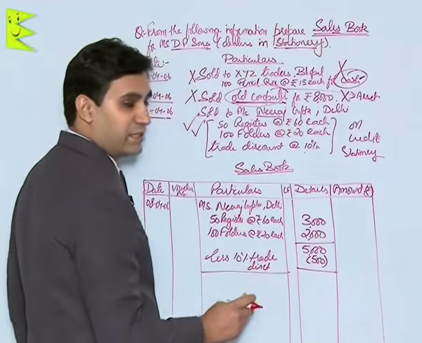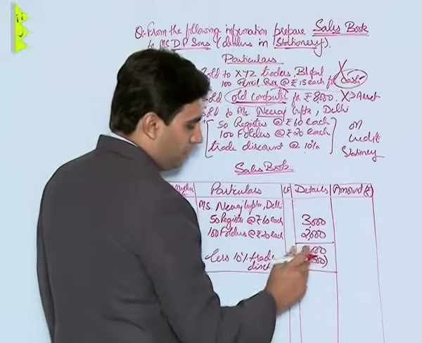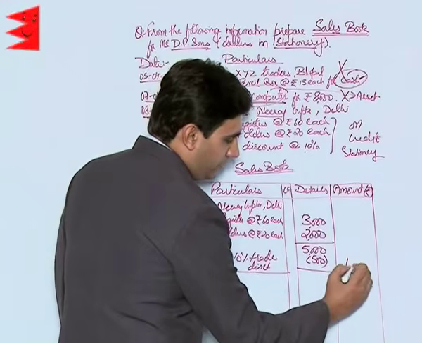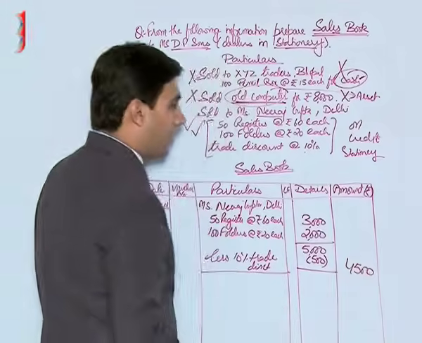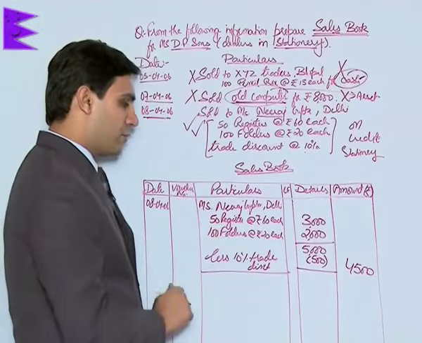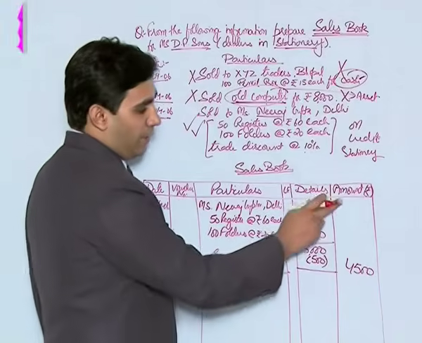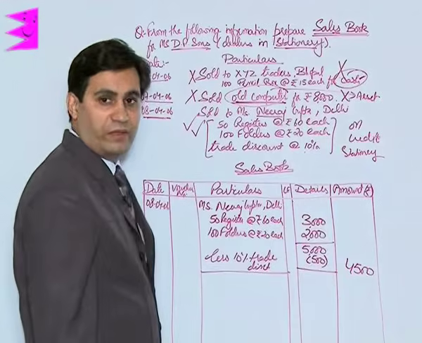Bracket here indicates a deduction. So 5000 minus 500 would be 4500. Now, so total sales to Mr. Neeraj Gupta amount to rupees 4500.